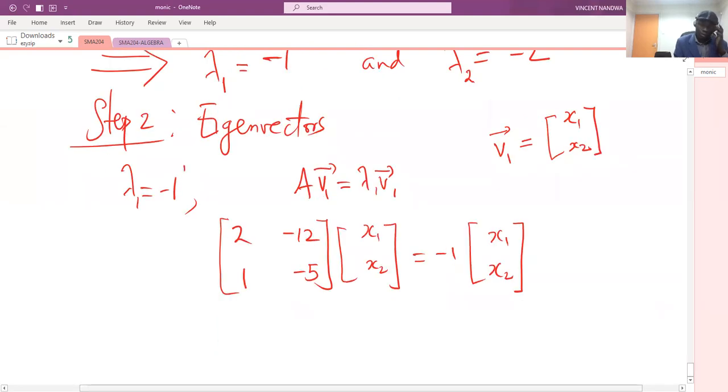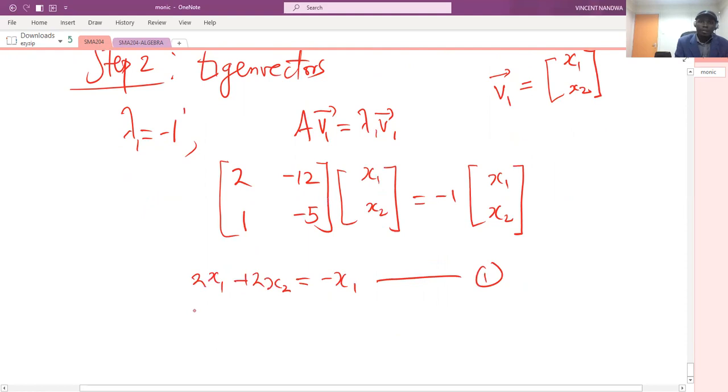So we'll have 2x1 minus 12x2 equals minus x1. Call this one equation 1. And then x1 minus 5x2 equals minus x2, call it equation 2.